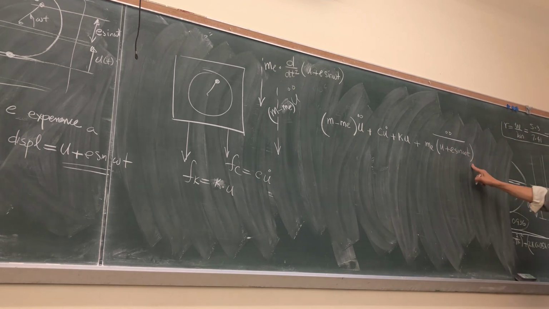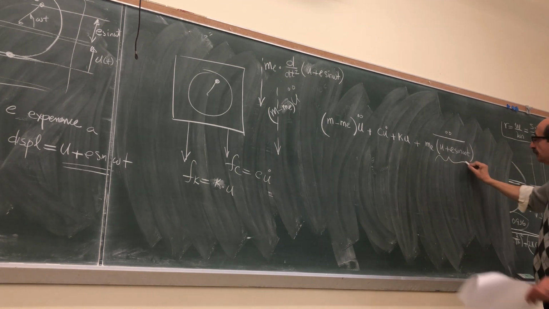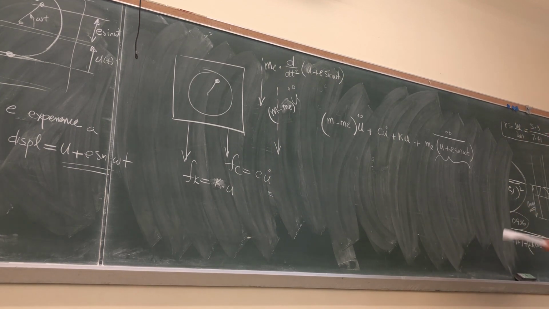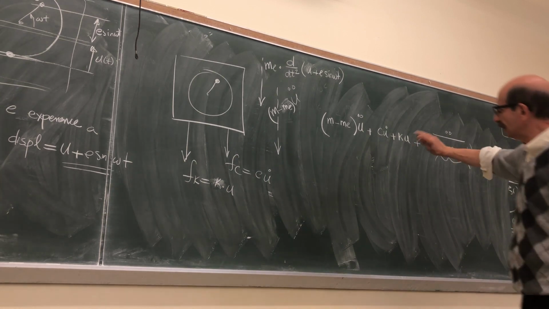If you take the second derivative of that, the second derivative of U becomes U double dot.